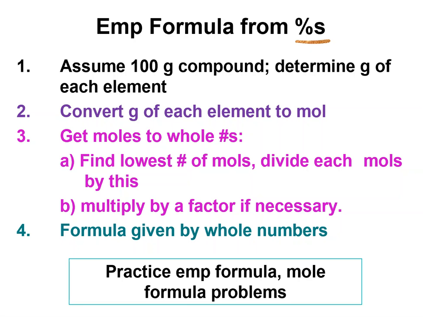And so basically you have to have a way to get to mass from the percents and then to moles, which is number of particles. Then you have to massage the numbers to get to whole numbers, because we know that chemical formulas' subscripts are whole numbers. And then we'll have an empirical formula. If we have a molar mass, we can get to our molecular formula.